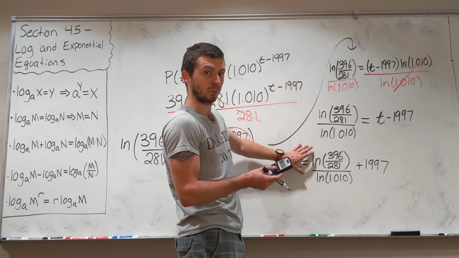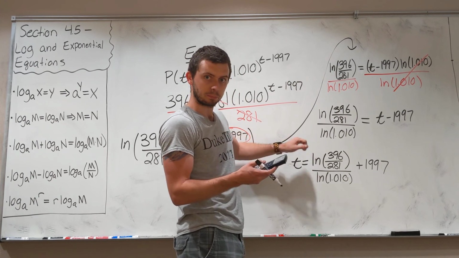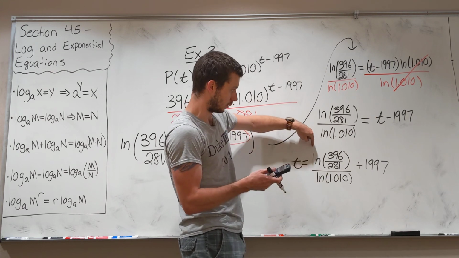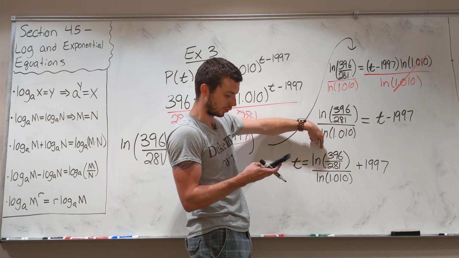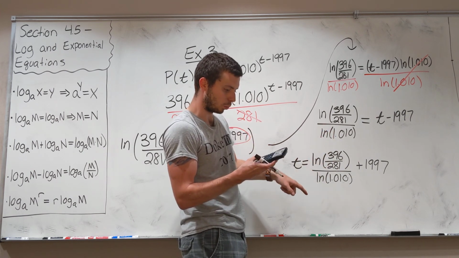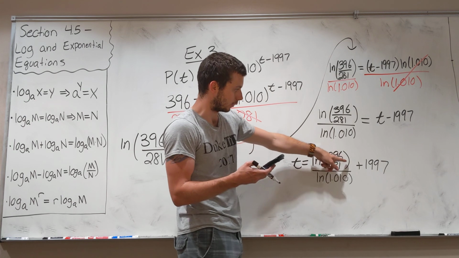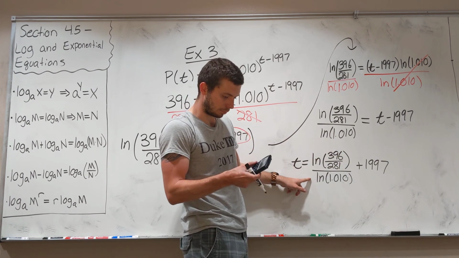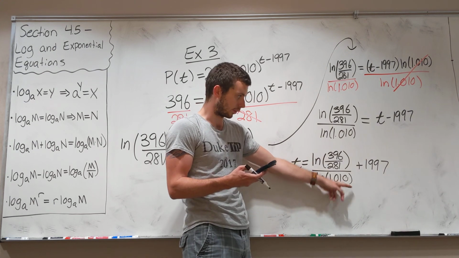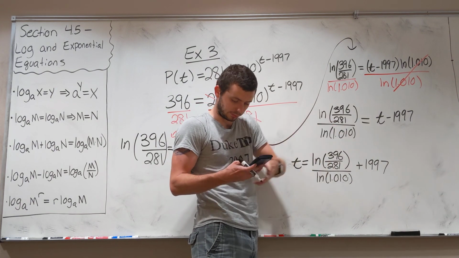So if you follow all the parentheses accurately, then the right answer will come out very nicely. So natural log of, and it opens a parenthesis for you, 396 divided by 281, close parentheses, divided by ln of 1.010, close parentheses, plus 1997.